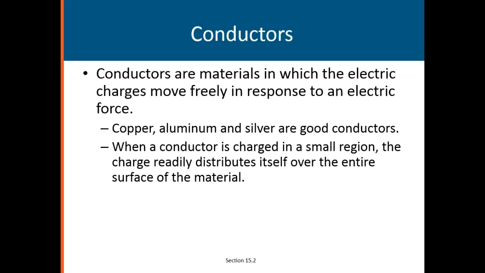So the agencies that controlled these things allowed houses to be wired with aluminum. It was not as good a conductor as copper, but it was the next best. Not as good as silver, of course. Silver was way too expensive. Aluminum was relatively cheap. So they allowed people to start wiring their homes with aluminum.